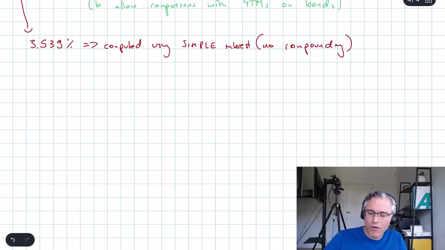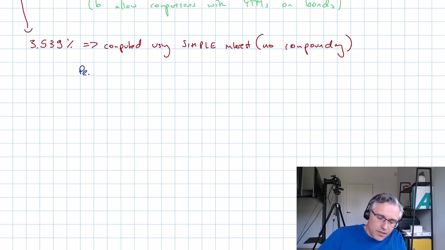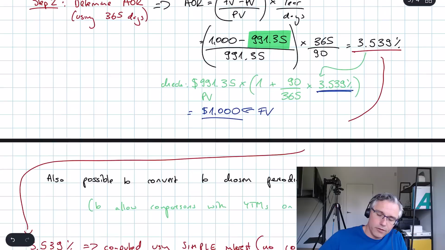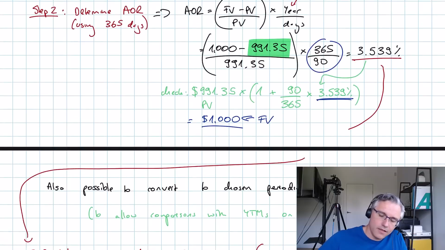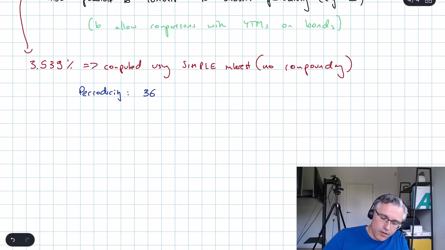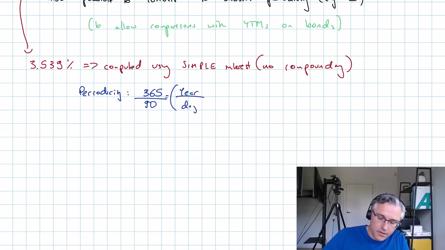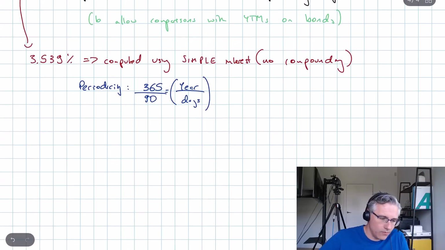So it wouldn't be directly comparable to a yield on a bond. The periodicity assumed here when we were doing this example, because of this scaling factor, was 365 divided by 90. So effectively, that's the year divided by the days. That was our implicit periodicity assumption, although we didn't actually state it as such.